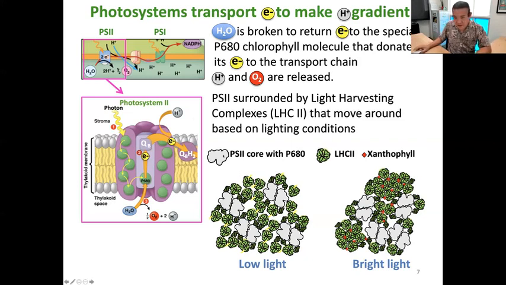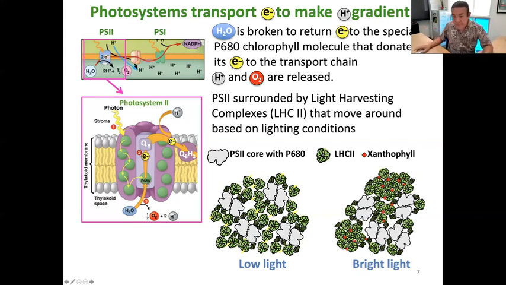So look at this figure here. In this figure, these gray blobs represent this photosystem 2 core, with the P680, and all of these separate little green things are these light harvesting complexes, or LHCs, that are little proteins holding on to these chlorophyll molecules. They can all collect around the photosystems and are free to move around in the membrane.